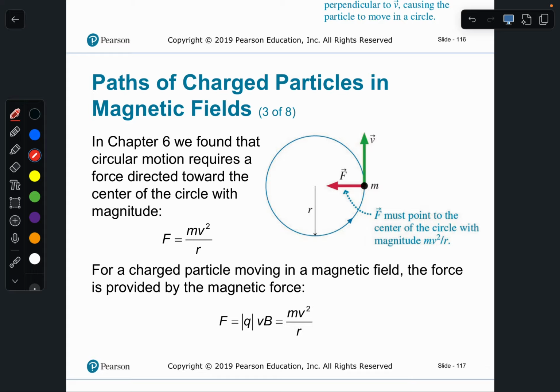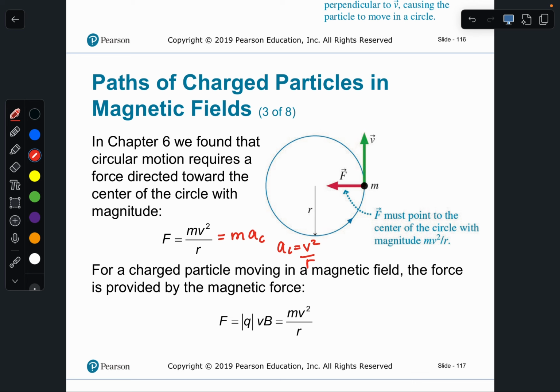We're going to recall it together. You might recall that you have an acceleration called a centripetal acceleration, and that centripetal acceleration is equal to v squared over r.